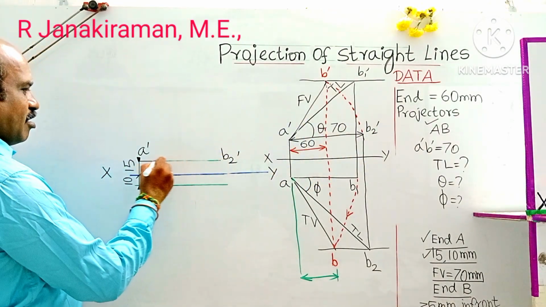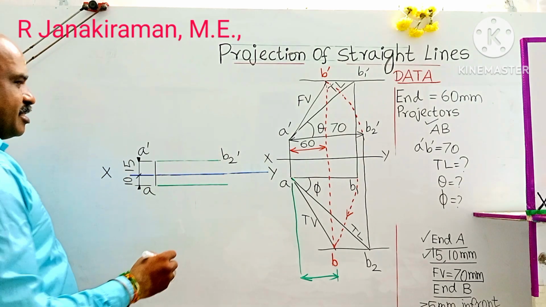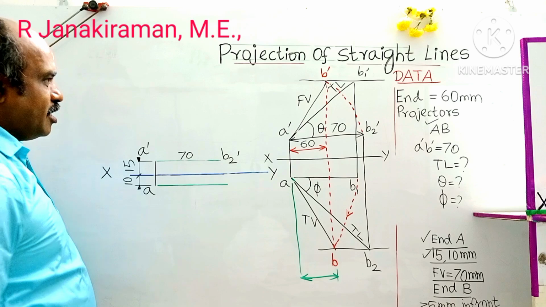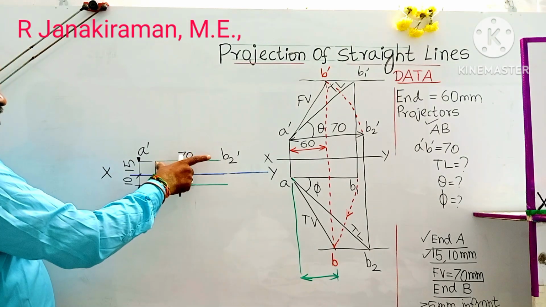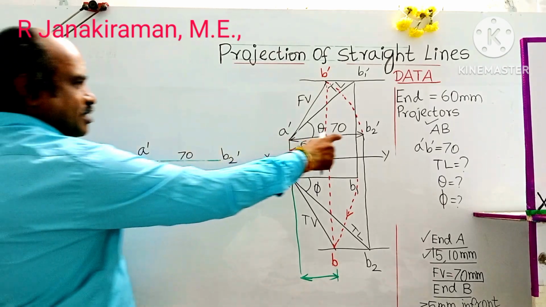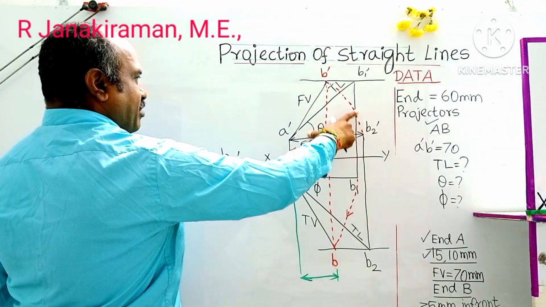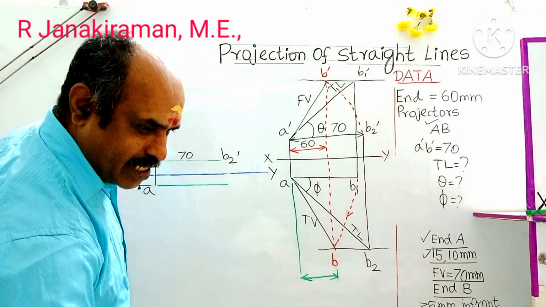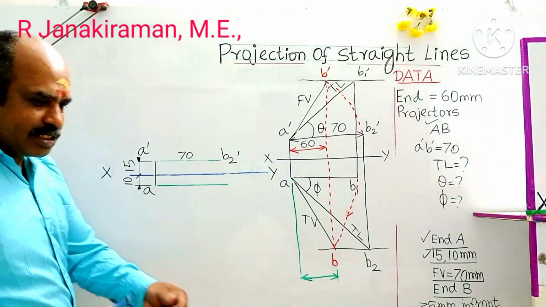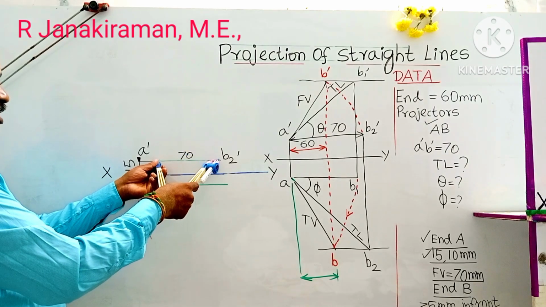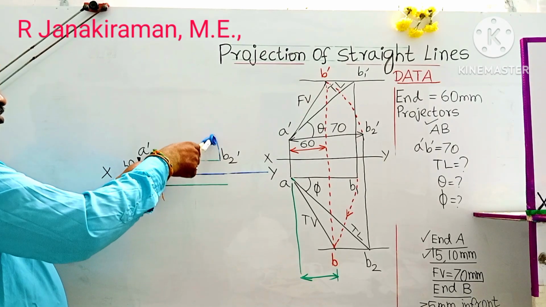This distance is called the front view length, taken as 70 mm. With A dash as center and A dash B2 dash as radius, draw an arc upward. We know this point called B2 dash. This is of uniform radius, so that we will get B dash. For the time being, we will come to this step: A dash as center, A dash B2 dash as radius, draw an arc upward.